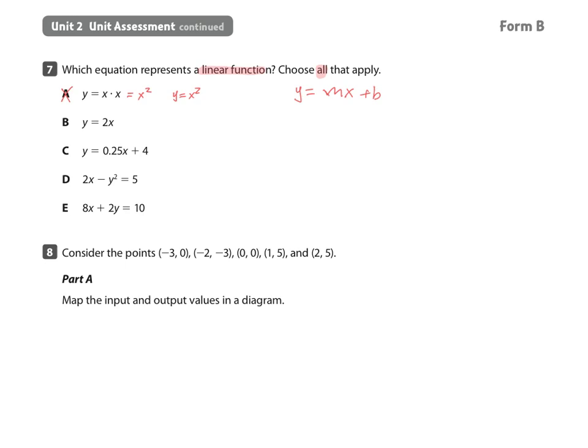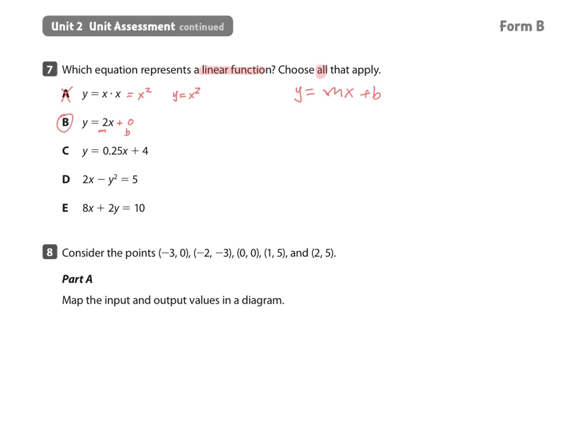The next one, B. y equals 2x. In this case, the 2 is going to be your slope. And we could actually say that the y-intercept in this case is 0 because there's nothing right here. So we could put a 0 here and say, okay, that one works.